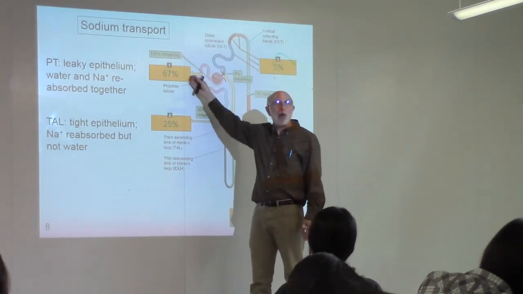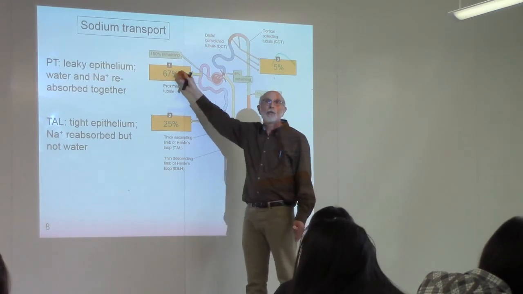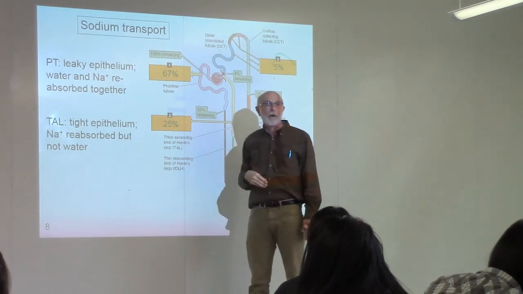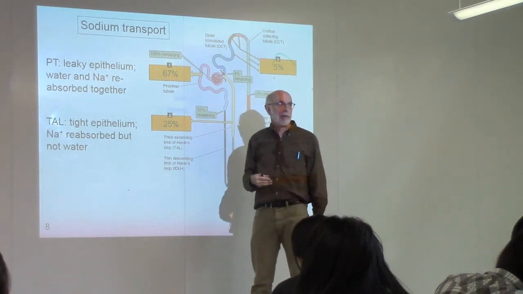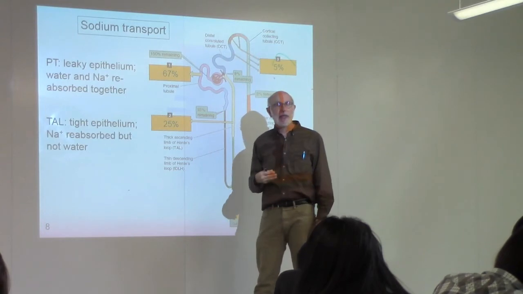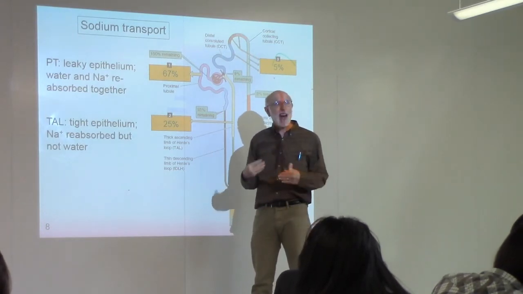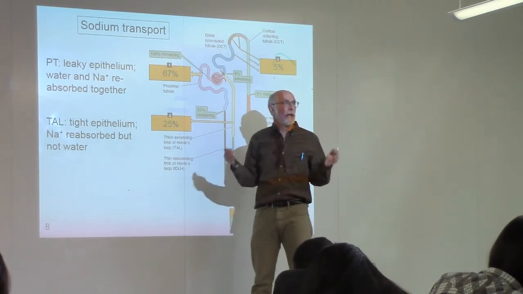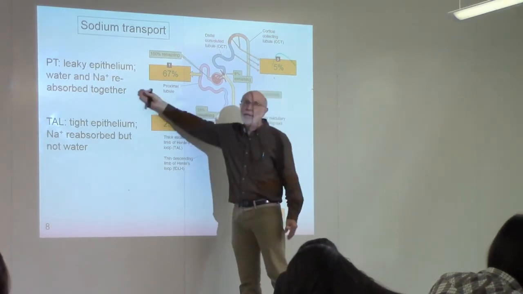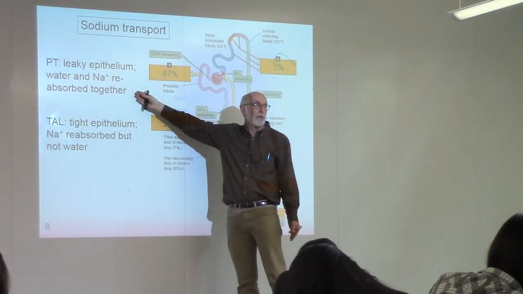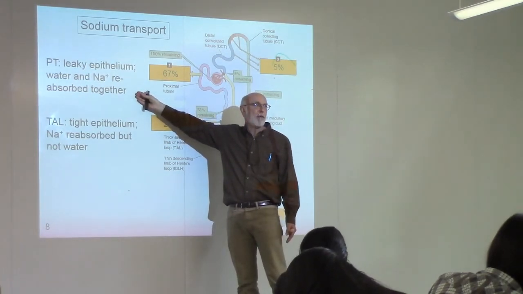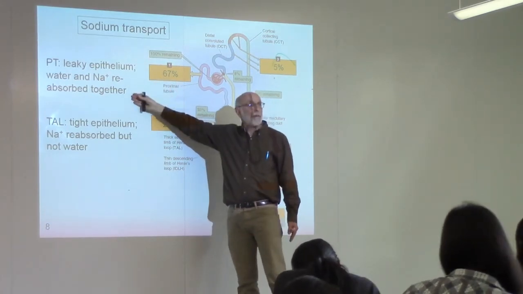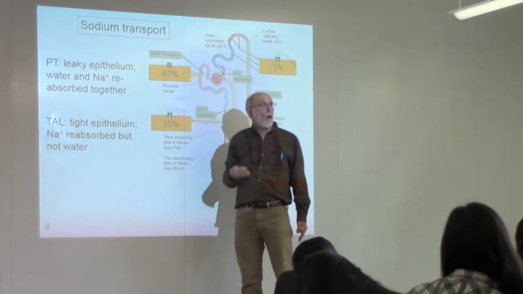So when the sodium is transported transcellularly by active transport, water is going to follow passively through osmosis because the epithelium is leaky. If the epithelium were tight, water would not be able to follow, but that's not what we've got. A leaky epithelium means if salt moves, and sodium is a salt, with counterions that we're not going to focus on, sodium chloride or sodium phosphate, water is going to follow.